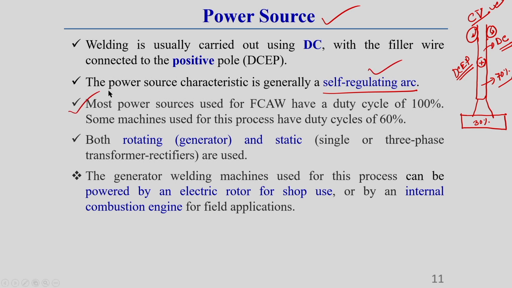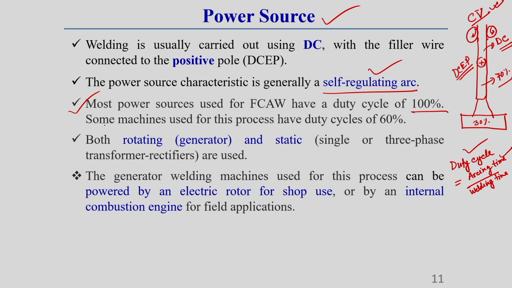Now, the power source which is used generally has a duty cycle of 100%. What does it mean? Duty cycle is also a very important term which is widely used to design a power source. Duty cycle is the arcing time divided by the total welding time. So, 100% duty cycle means that for the whole welding cycle time, you can utilize the full time as arcing time.